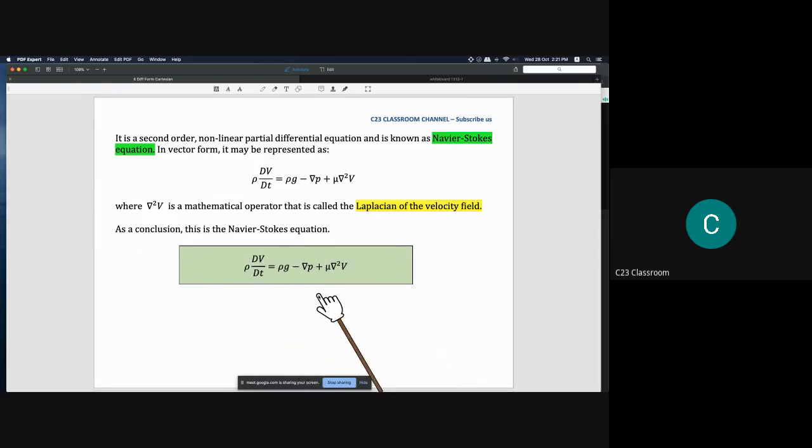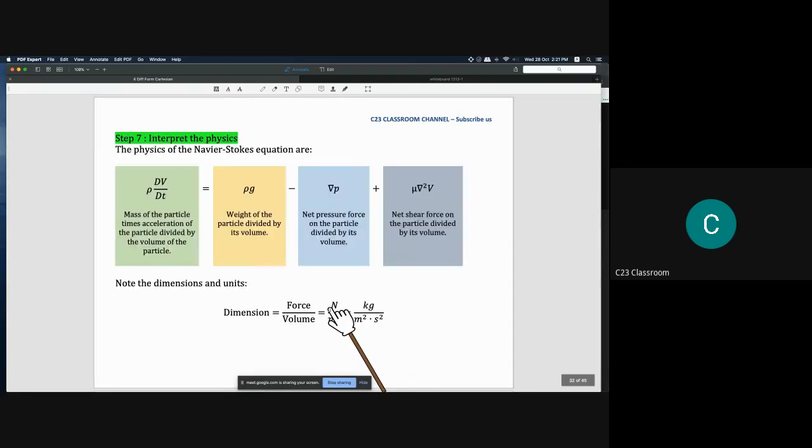Here we use capital V because capital V is the summation, the resultant velocity of its components. So capital V consists of U plus V plus W. This is the meaning of the Navier-Stokes equation. As I said, the Navier-Stokes equation is one equation that tells us everything. It is complete; it can be used for incompressible and for compressible flow.